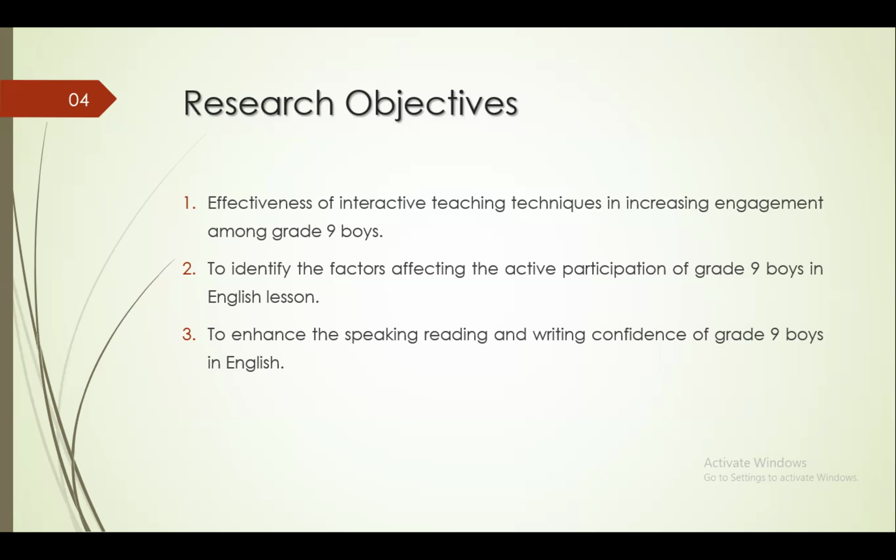To increase students' engagement in lessons effectively by using interactive teaching techniques.